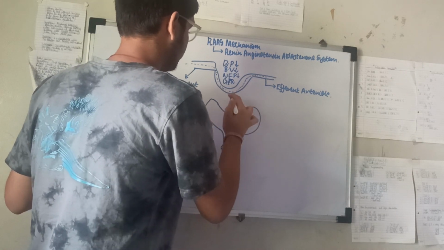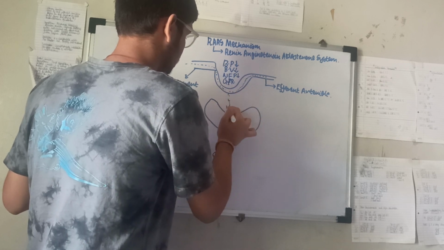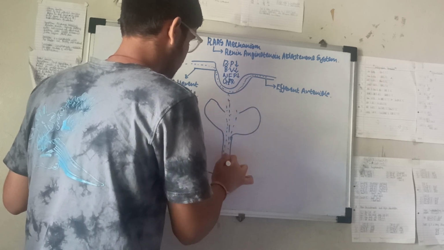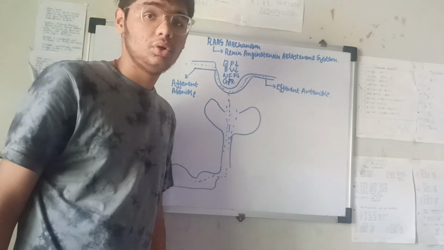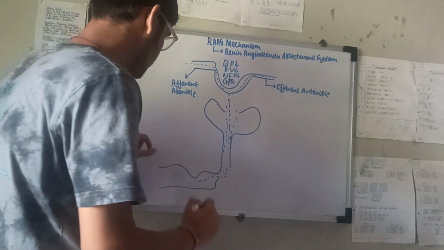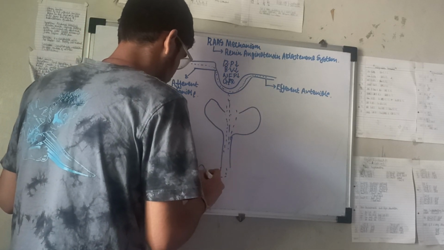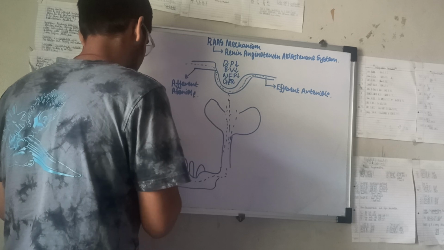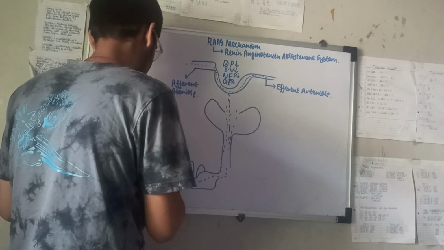As you know, by ultrafiltration, the fluid passes to the PCT, and through the PCT it reaches the DCT. On the walls of the DCT there are sensor cells called macula densa.